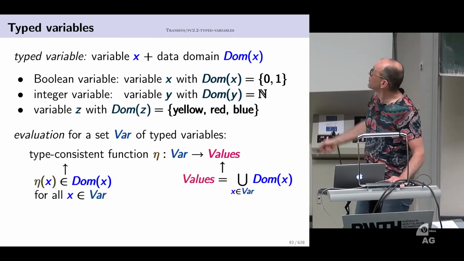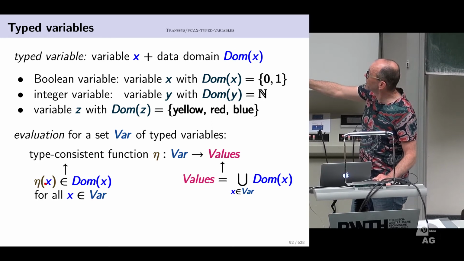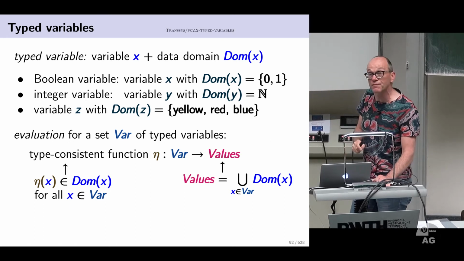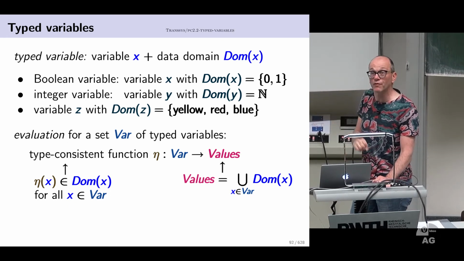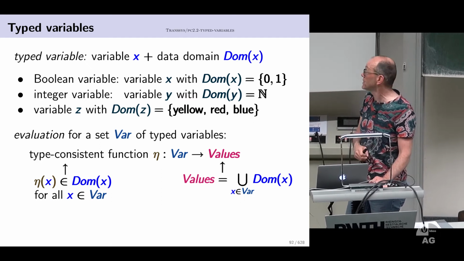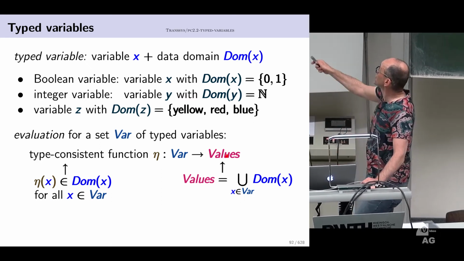So this is what I just have said. Type consistent means that if I take the variable x and I look at the value that eta is going to assign to x, this must be a value that is a member of the set dom of x. It must be in the domain of x. No type inconsistencies. That's what this actually says. What are the values?